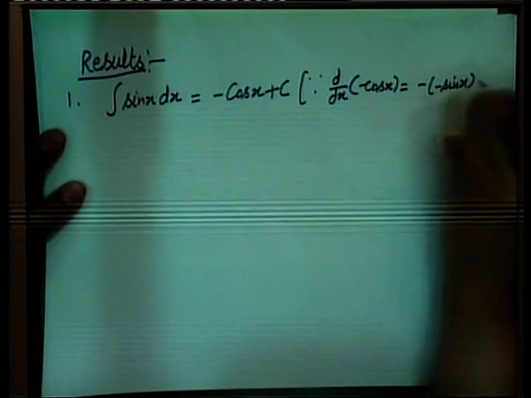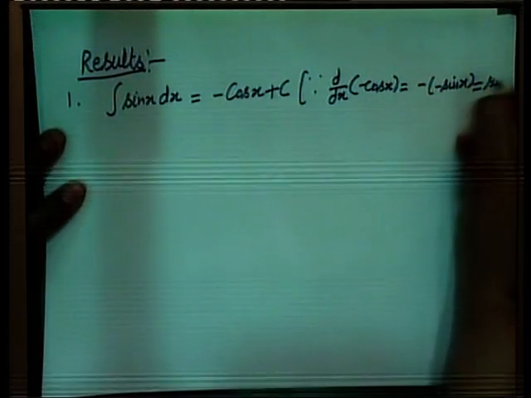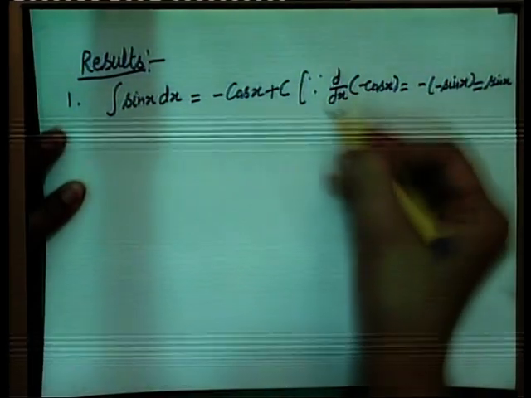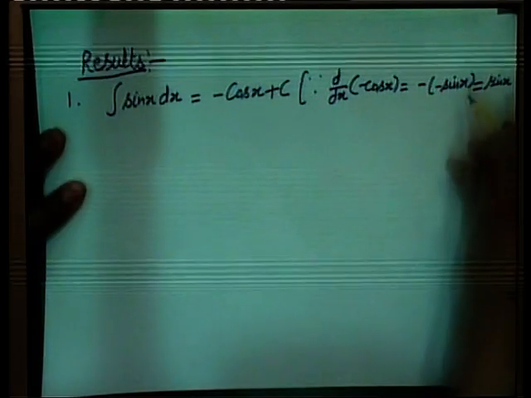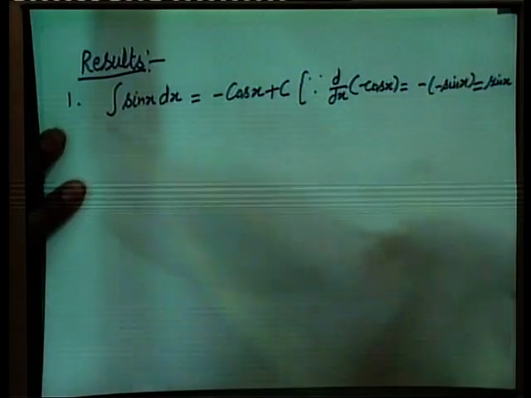This minus minus becomes plus sin x. Since derivative of minus cos x is sin x, therefore, the integral of sin x is minus cos x plus c. This is our first result.